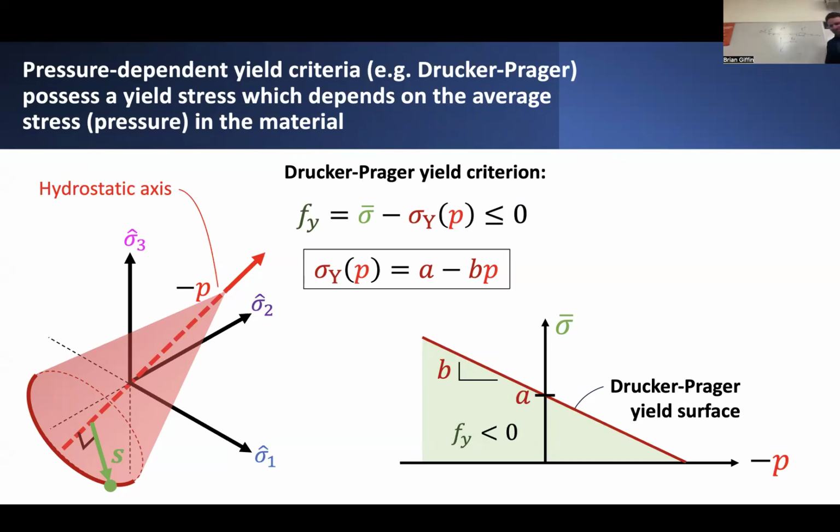So you can do this experiment with some kind of confined sample of sand or some other granular material. If you don't impose any kind of uniform compression on the material, and you try to subject it to some shearing deformations, what you'll find is that it'll end up shearing at a much earlier time than if you were to take that same sample and subject it to a ton of compression.